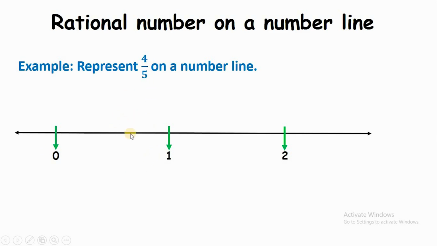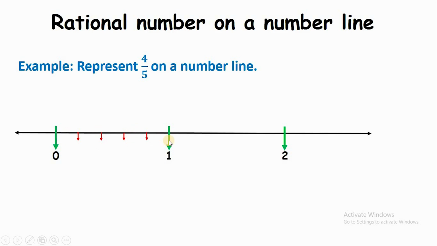Now how to represent it here between 0 and 1? First thing is you'll check the denominator. Here the denominator is 5. So we'll divide this line into 5 equal parts: 1, 2, 3, 4 and 5.